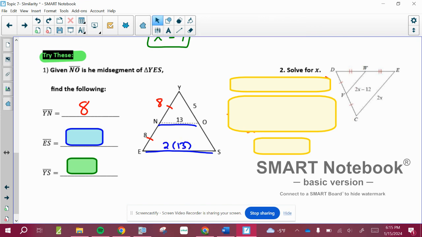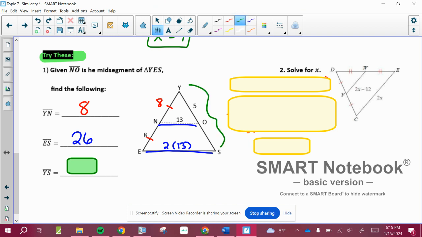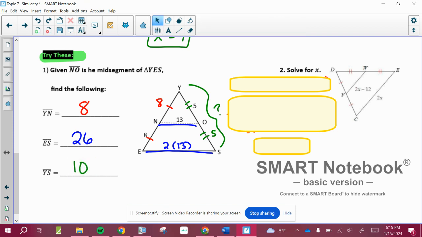So 2 times 13 gives us the answer of 26. And last but not least, YS, well, that would be this whole segment. Okay, so if this is the mid-segment, then these 2 baby pieces are congruent. So if YO is 5, so is OS. So if both baby pieces are 5, that makes the whole segment 10.